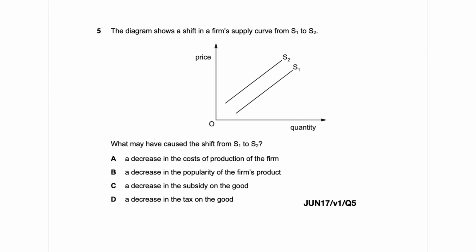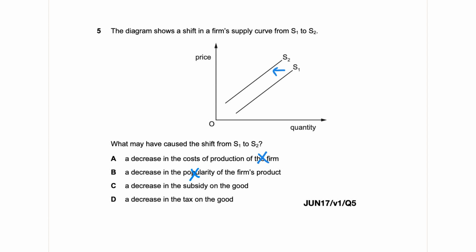In the next question, they say the diagram shows a shift in the supply curve from S1 to S2, which means the supply curve is shifting backwards, so the cost of production must be going up. A says a decrease in the cost of production, which is wrong. B says a decrease in the popularity of the product, which is a demand factor, so that's also not true. C says a decrease in subsidy.